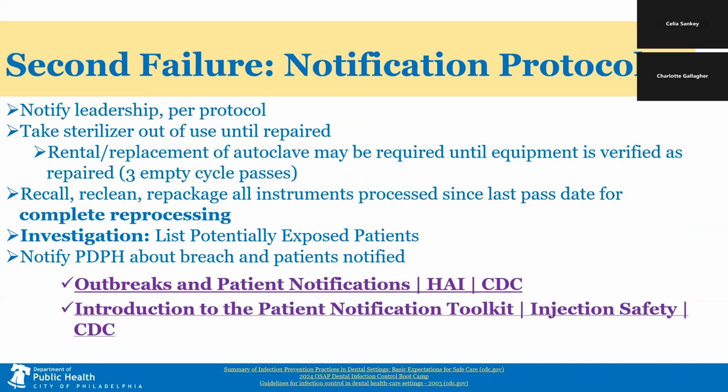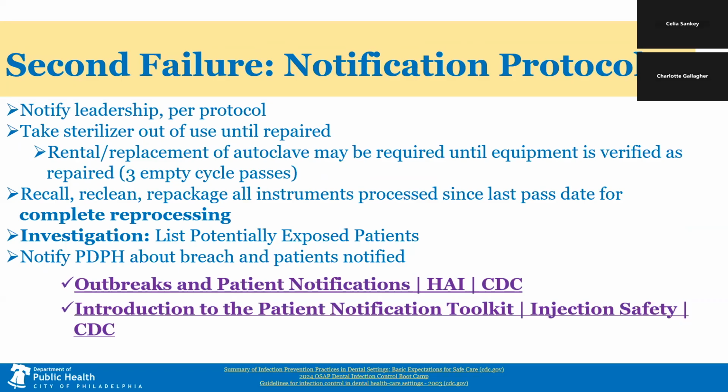The second failure requires that the sterilizer be taken out of use. A vendor may be able to replace it with a loaner until the existing sterilizer is repaired and verified effective by passing 3 empty cycle spore tests.